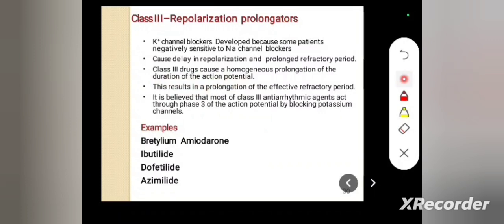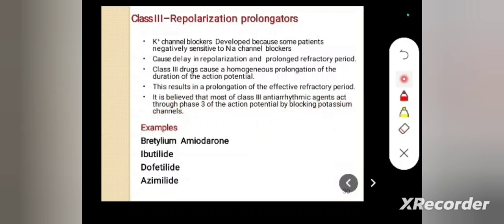They can prolong the duration of the action potential, and this results in the prolongation of the effective refractory periods, and that finally normalizes the increased heart rate or heartbeat through the potassium channel blockers. It is believed that most of the class third antiarrhythmic agents act through phase 3 of the action potential by blocking the potassium channel.